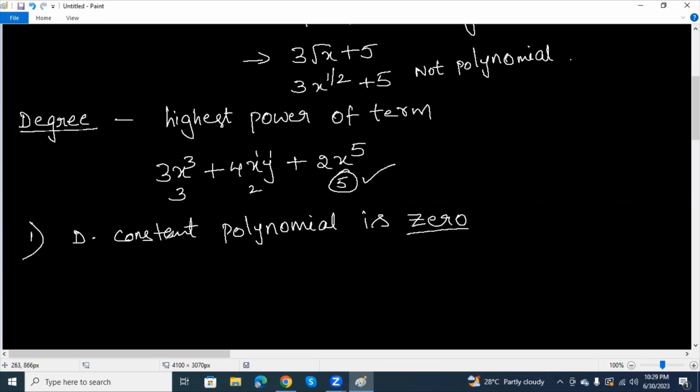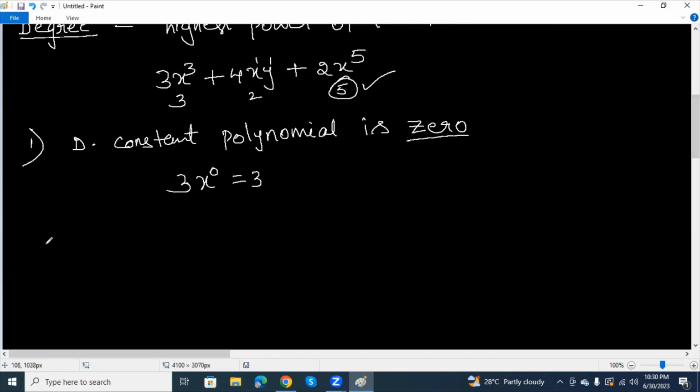So the degree of the constant polynomial is 0. For example, a polynomial contains just 3. What is the degree of this? Degree is 0, because any variable power 0 is 1. For example, here x power 0 is there. x power 0 value is 1. 1 into 3 is again 3. So the degree of the constant polynomial is 0.